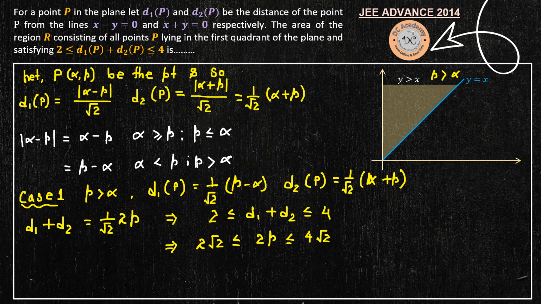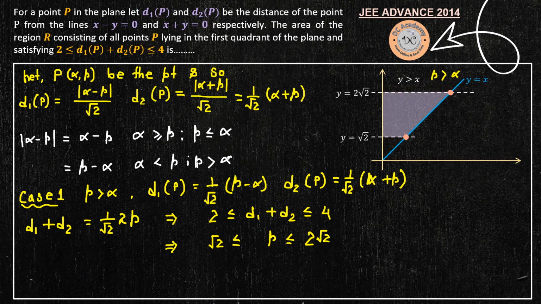Now, if I cancel 2 from both sides, our beta value, that means the y coordinate, lies between root 2 and 2 root 2. So let's draw the lines y equal to root 2 and y equal to 2 root 2. Our beta values will lie inside this particular region.